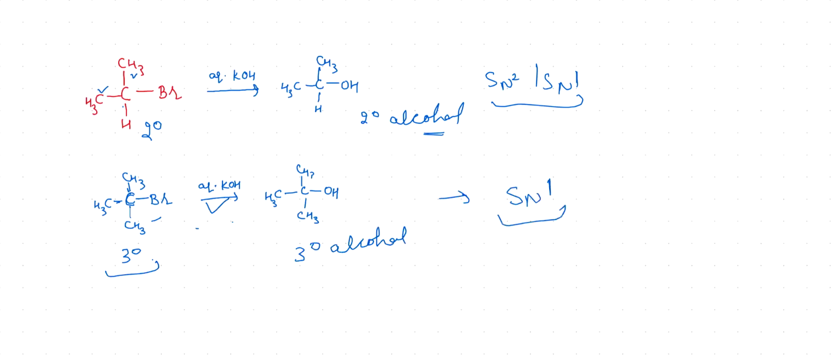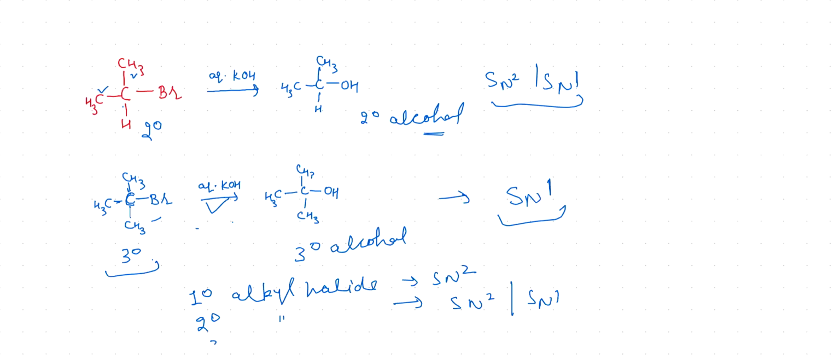So I told you, primary alkyl halide follows the SN2 mechanism. Secondary alkyl halide may use either SN2 or SN1. But tertiary alkyl halide follows the SN1 mechanism.